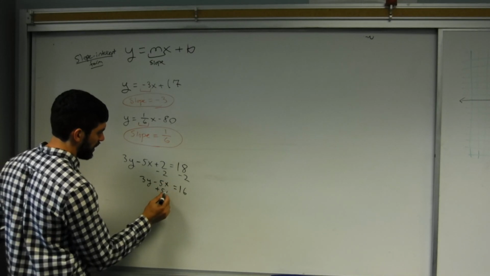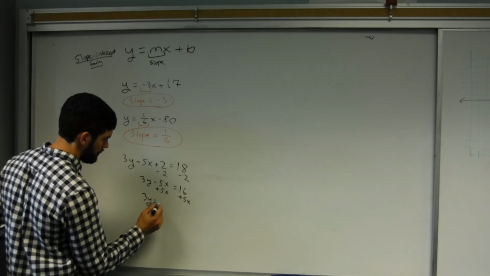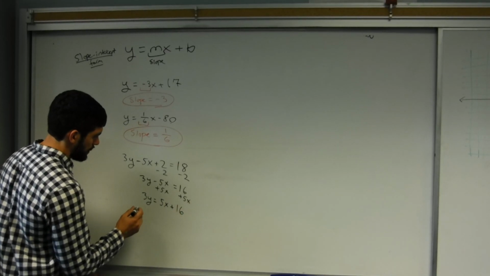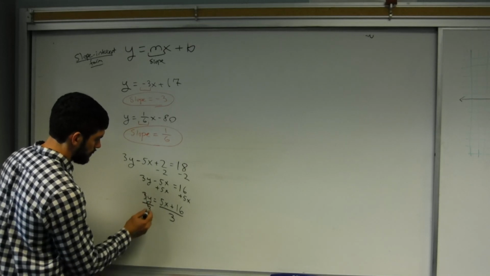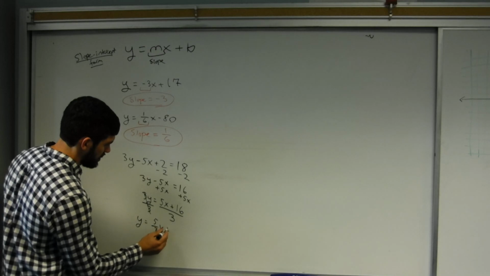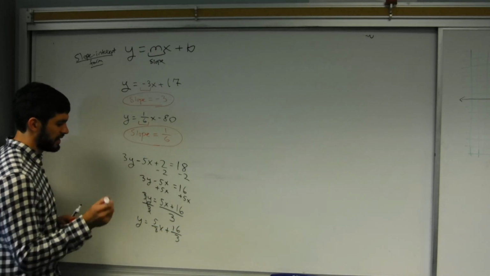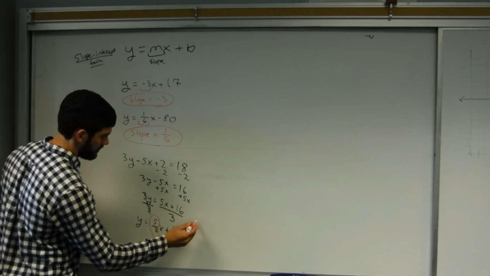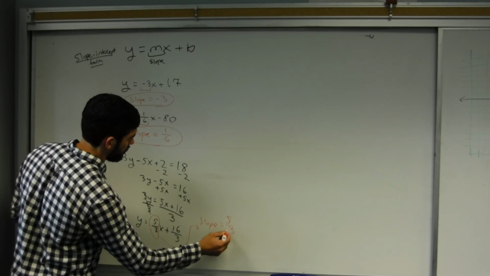Then we would add 5x to each side. We get 3y equals 5x plus 16. And then we divide each side by 3. And we get y is equal to 5/3 x plus 16 over 3. Now that it is in slope-intercept form, we can say, okay, our slope is equal to 5/3.